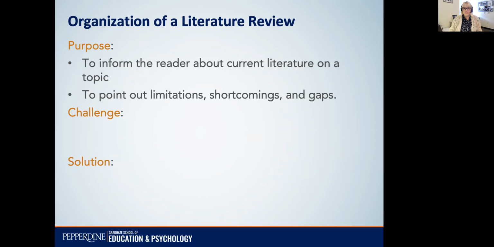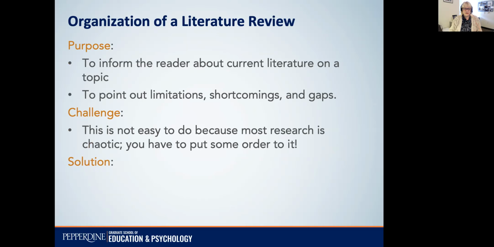So this is the purpose: to inform the reader about current literature on a topic and to point out those limitations. So think about that example I gave and how that fits. The challenge of this is you're looking at tons of different, very specific research studies, and you have to add order to the research.